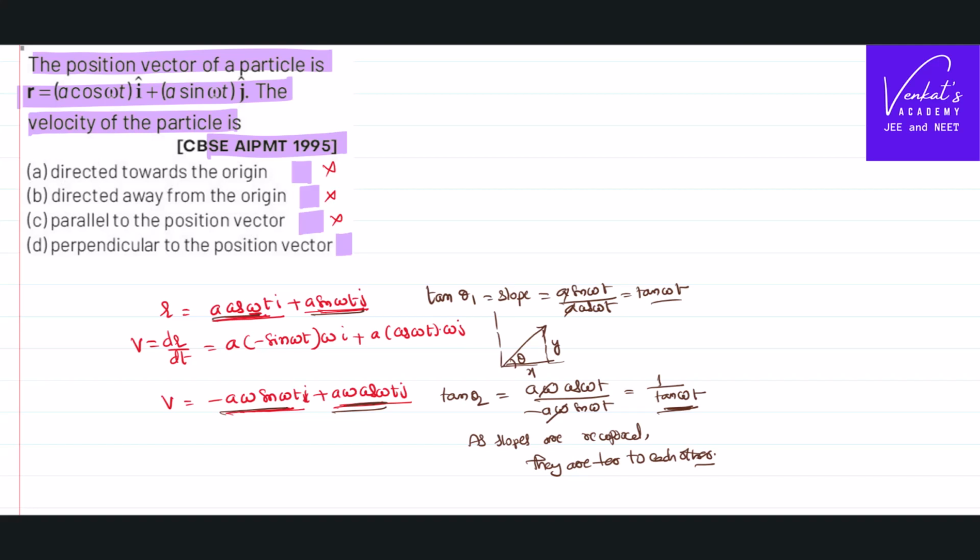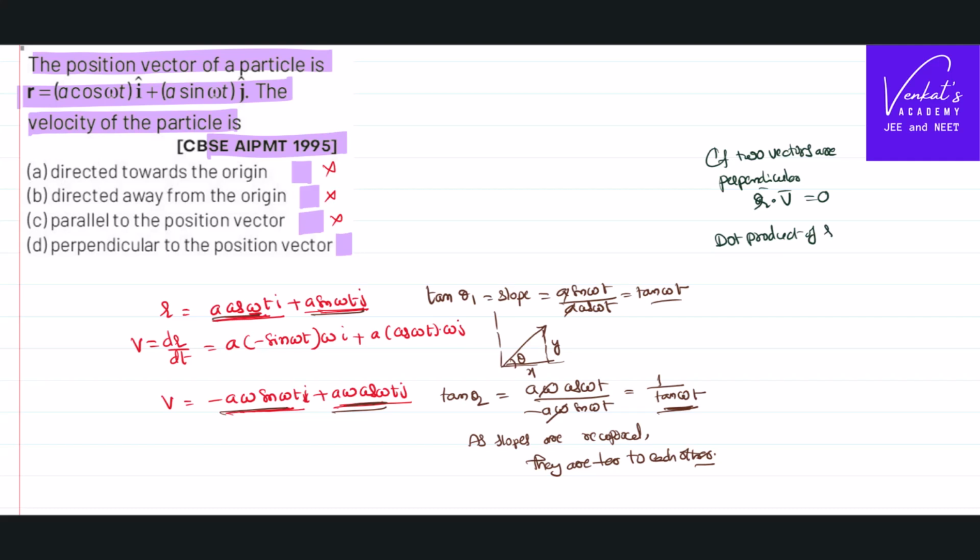Or there is altogether another way to solve that. If two vectors are perpendicular, their dot product has to be equal to 0. Then find the dot product of both of them.